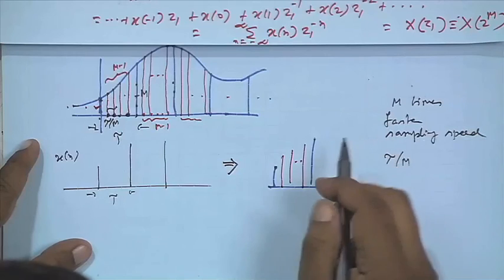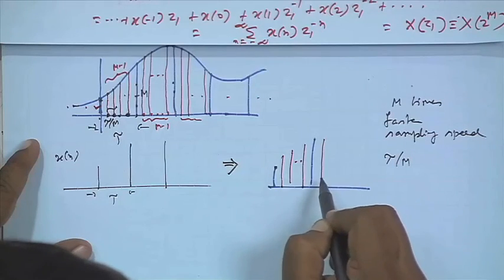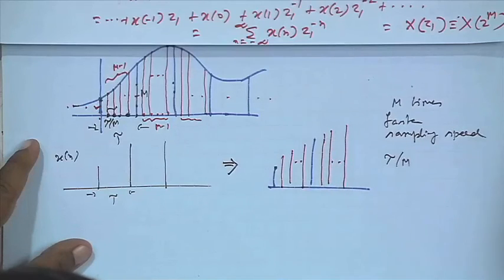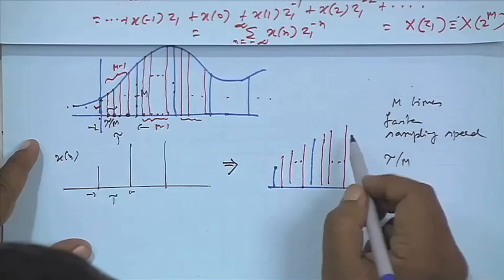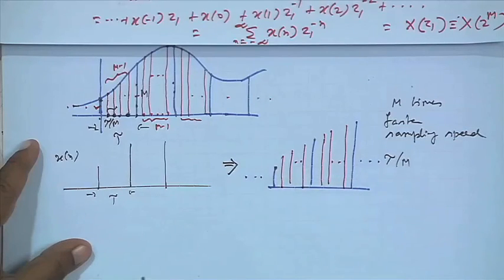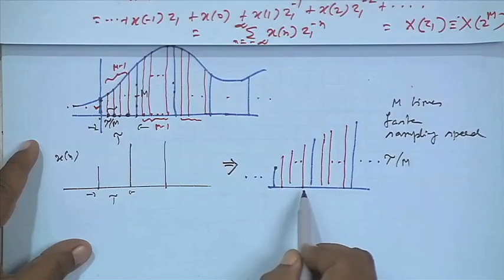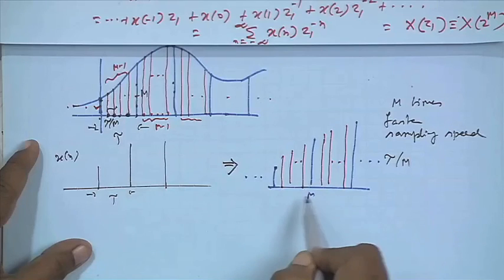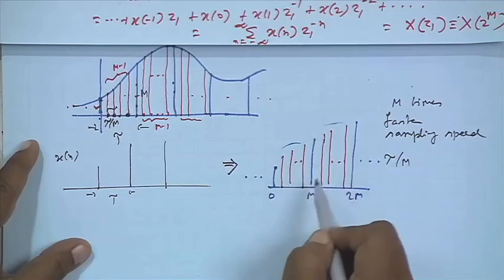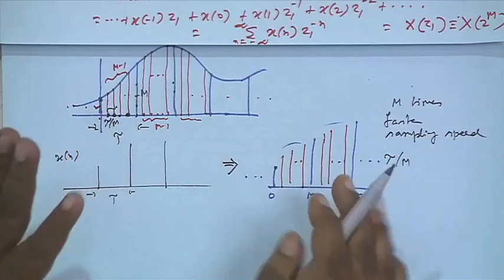Then again this one, and so on. So, this would have been mth, then this is 0th, this would have been 2 mth, and the intermediate samples would have been here.